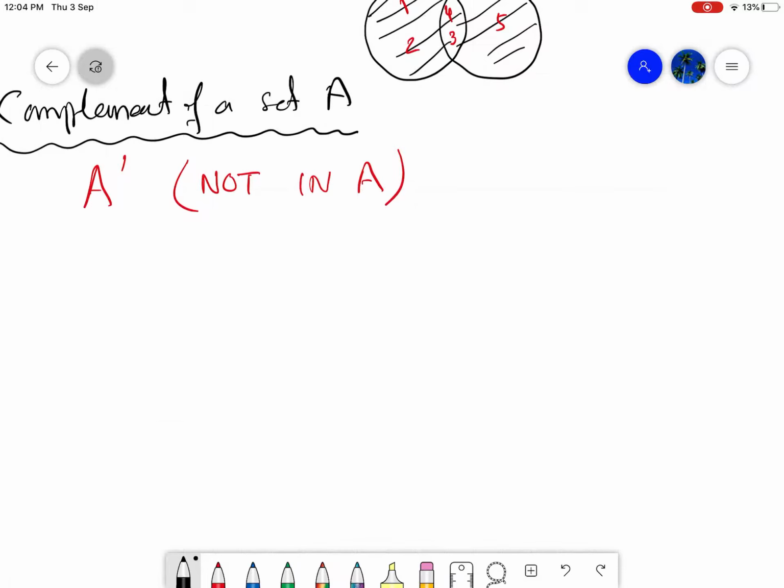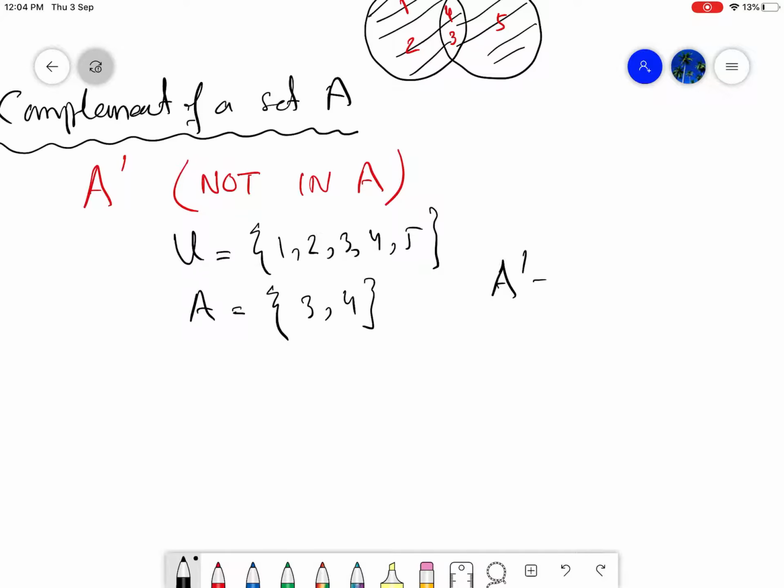Okay? So if we have a universal set 1, 2, 3, 4, 5, and if we have a set A, elements 3 and 4, then A complement is equal to elements which are not in A.